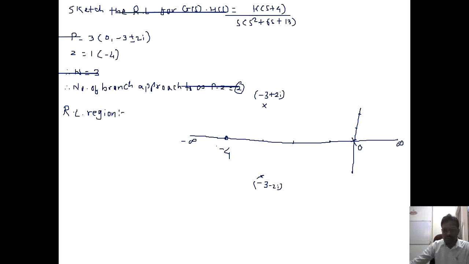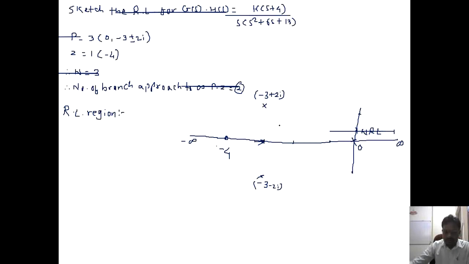Now check for the root locus region. In the first region, between infinity and 0, there is no pole or zero present, so this is completely a non-root locus region. Then from 0 to minus 4, if you check the right-hand side of any point in between, and count the number of poles and zeros, you get one pole.